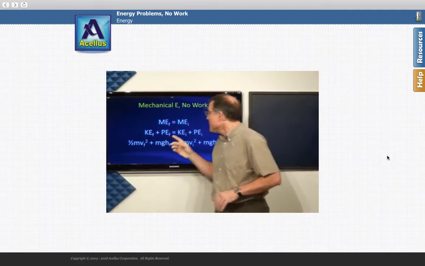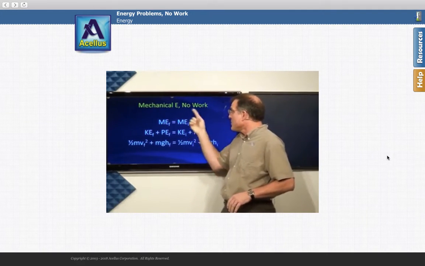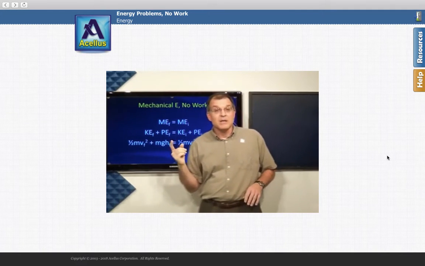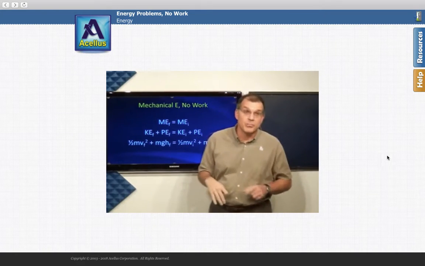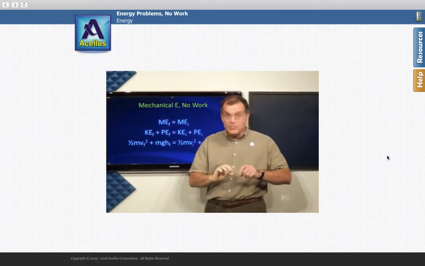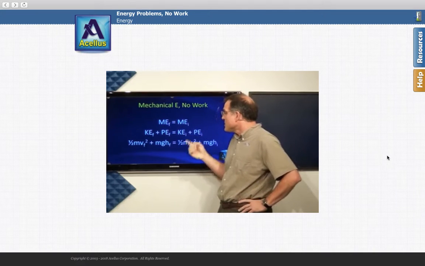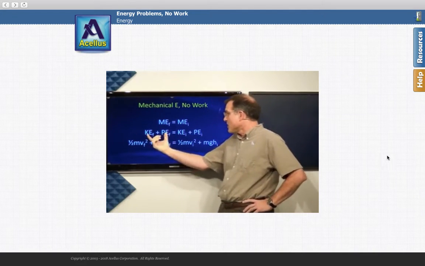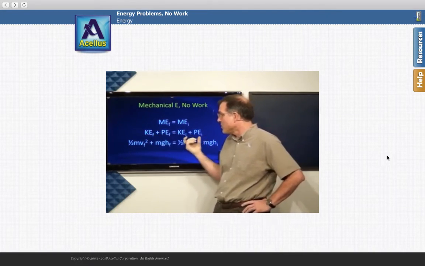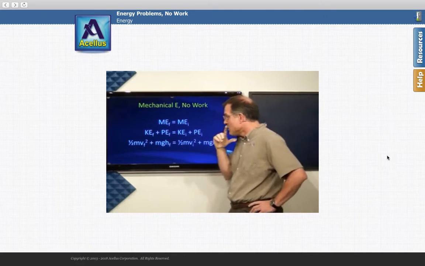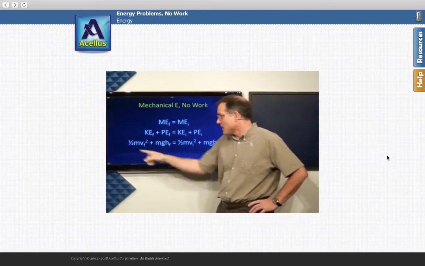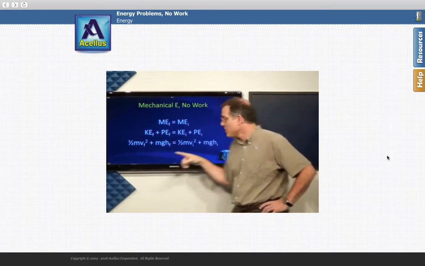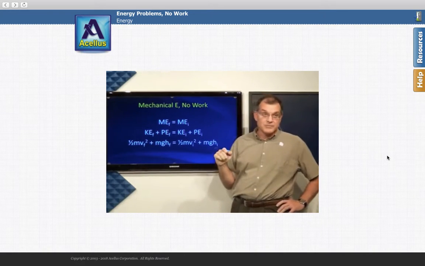Because if the mechanical energy stays the same, if there's no work being done on the object other than by gravity, which is built in, that means the total of kinetic and potential on both sides stays the same. Which means if you add up the potential and kinetic at the end, it equals the potential and kinetic at the beginning.